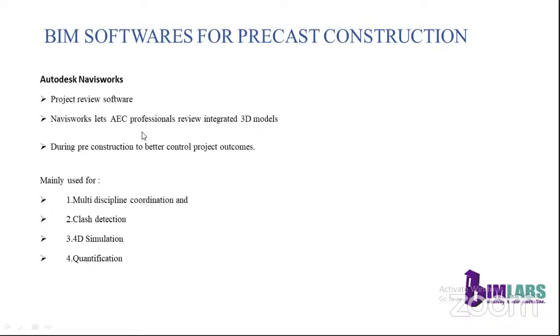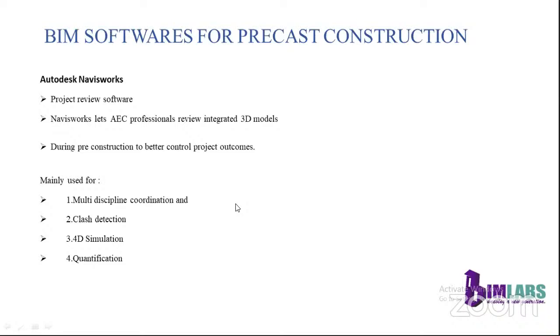The next software used in prefabrication and precast construction is Autodesk Navisworks, which is project review software. Navisworks actually lets AEC, architectural engineering and construction professionals review integrated 3D models during pre-construction to better control project outcomes. It is mainly used for multidiscipline coordination, like coordination of architectural, structural, and MEP models.